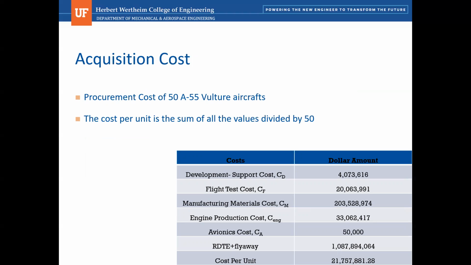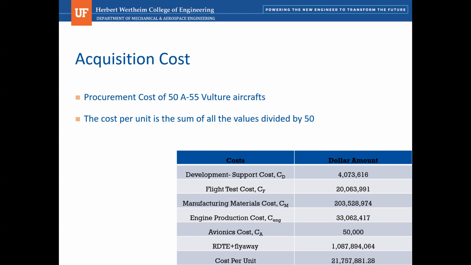The acquisition cost of 50 A55 Vulture aircraft is nearly $21.7 million per unit, which for light aircraft or light trainer aircraft, or aircraft of our sort, they range from 20 to 30 million. So we're at the bottom threshold here, which puts us at a competitive advantage when going after military or governmental contracts.